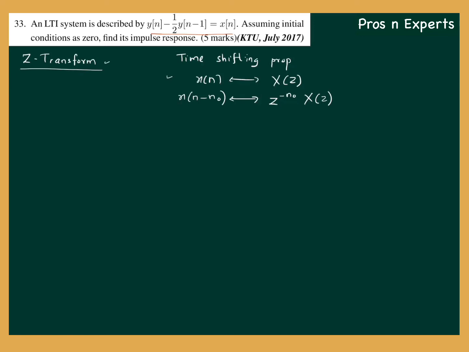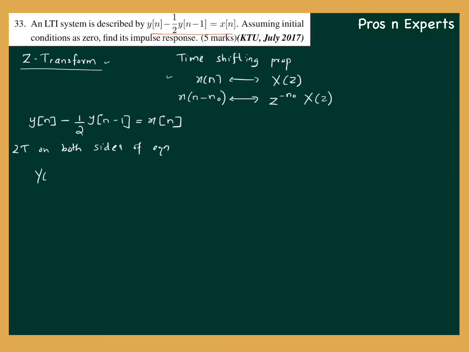So let us rewrite the difference equation. y of n minus half y of n minus 1 is equal to x of n. Okay, now you take Z transform on both sides. Apply Z transform on both sides of this equation. So what is the Z transform of y of n?